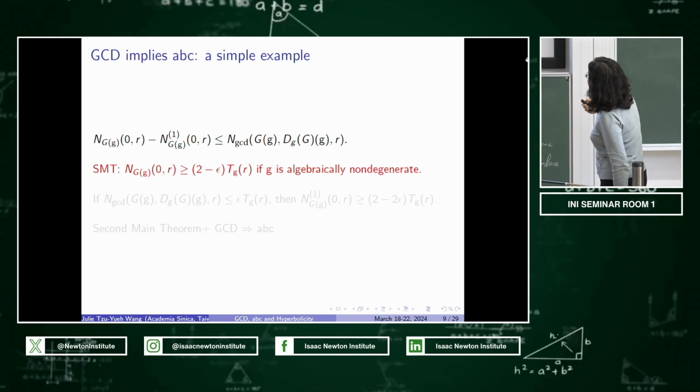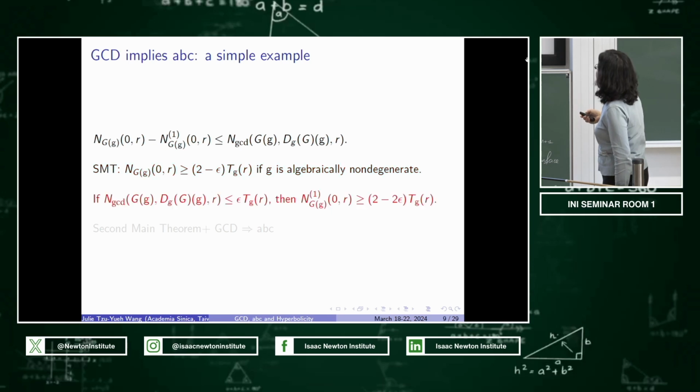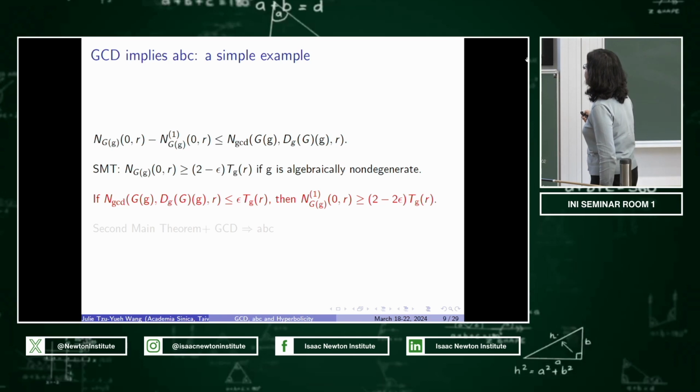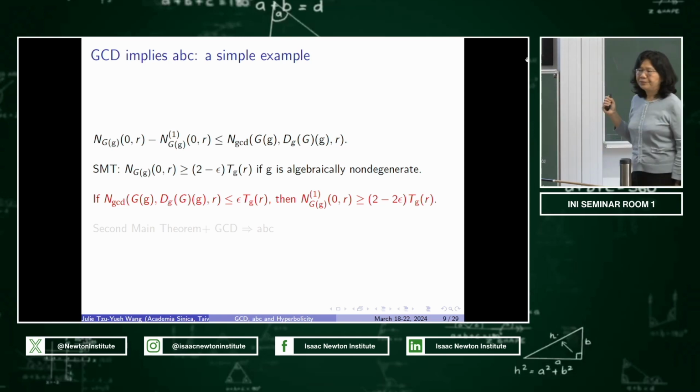Okay, so let's see here. We have this inequality, and for this counting function, we have an upper bound and a lower bound. In other words, we get an upper bound for the truncation. And if we can prove the GCD is small, then we can find the first truncation greater than or equal to this height.